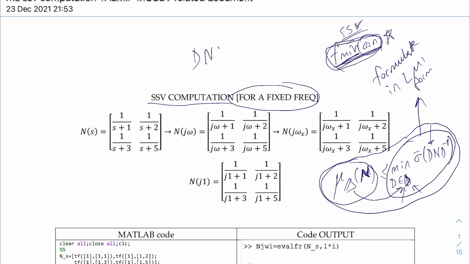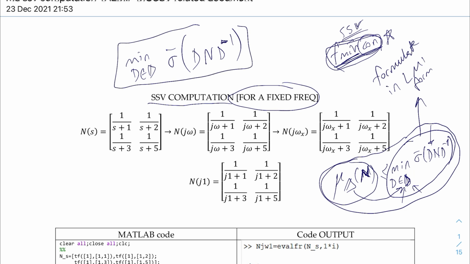For example, D and D inverse, and minimize over D in a given D set. This in and of itself is not in LMI form. It is not linear. Let's just focus on this term, D and D inverse. It is not linear, because D is our decision variable.